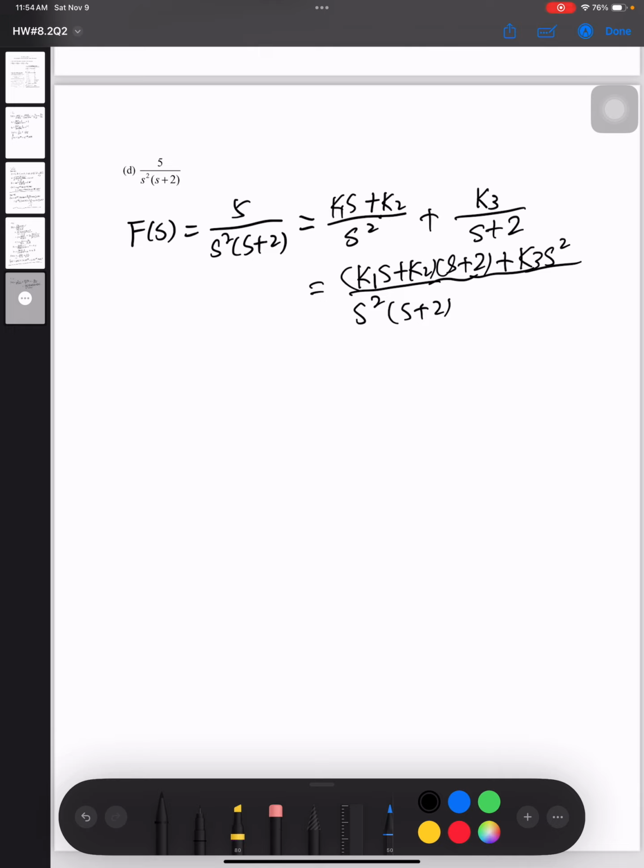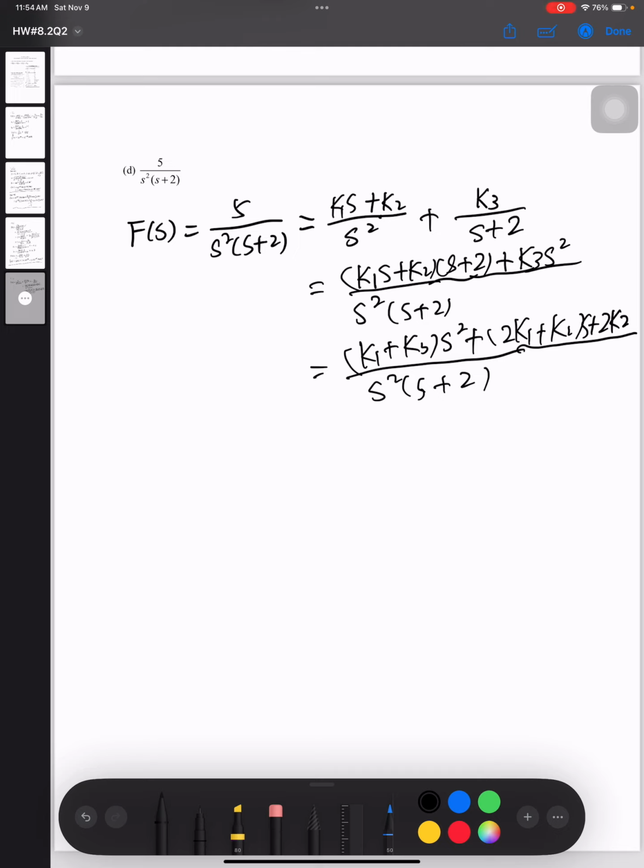So let's do some derivation here: it's k1 plus k3 times s squared, plus 2k1 plus k2 times s, plus 2k2.